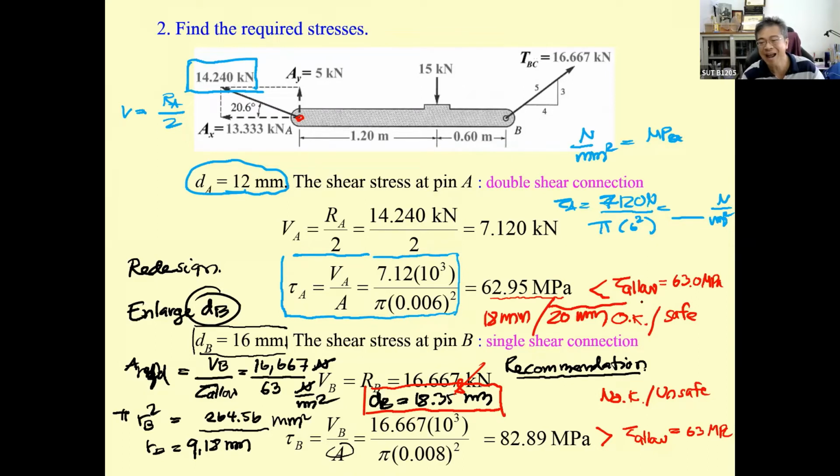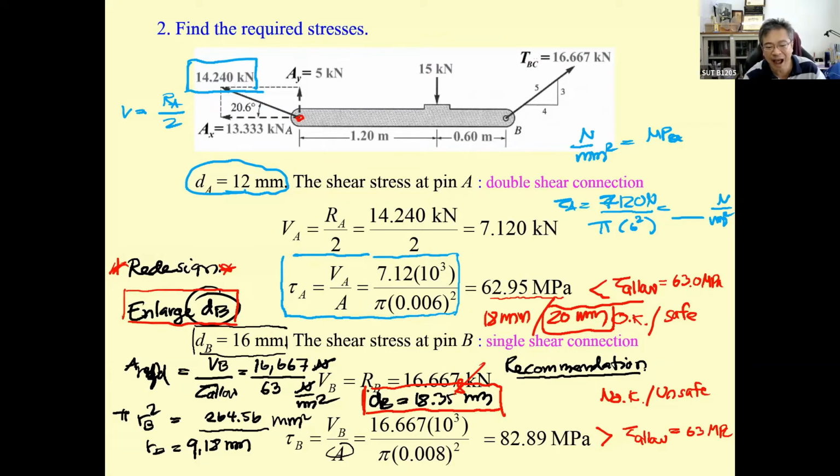Okay, I did some expansion of this problem in order for you to understand how you check that the connection is safe, how you check that the connection is unsafe, and how to correct it by redesigning it. When you redesign it, you will get a larger diameter.